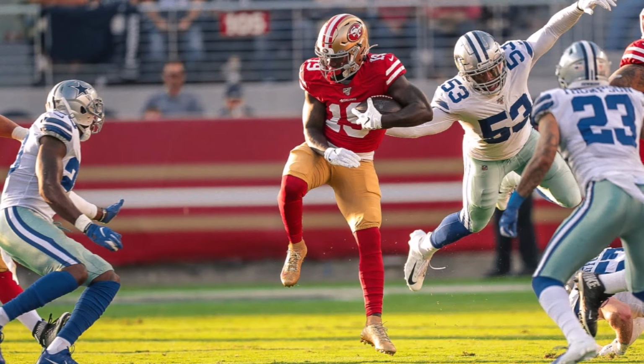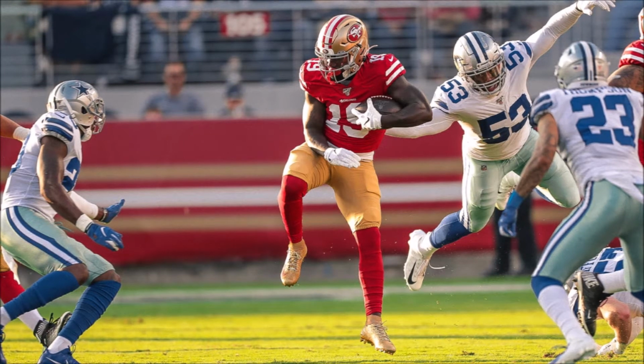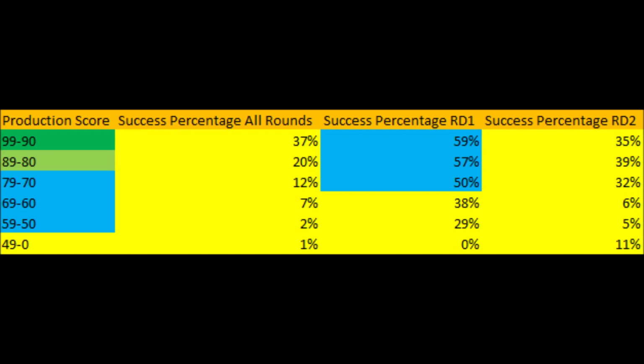One thing that you need to know about wide receivers in particular is that if you are a wide receiver that's drafted in the 2nd round, the percentage of success goes down fairly significantly. Now, it's still a lot better than the general consensus, and we're going to get into that with Deebo Samuel, because Deebo Samuel is someone that has a good production score but not a great production score.